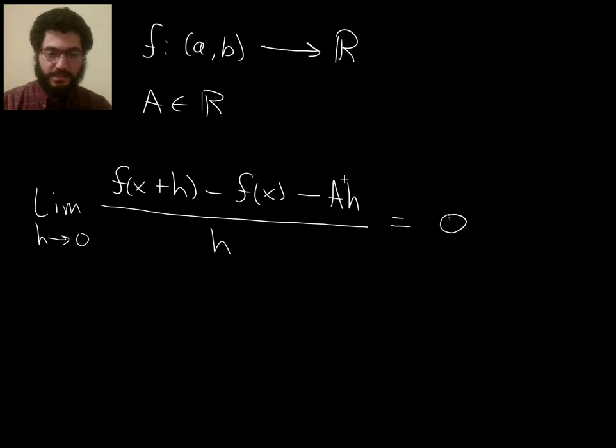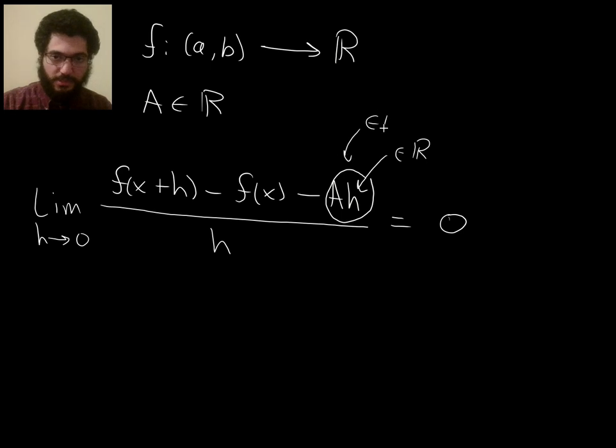And I just want you to see that if I view this object, which has to turn a number h, a real number, into a certain number, the way in which a number h is turning into another number is by multiplying by a. That's a linear map of this type from R1 to R1, or just from R to R.